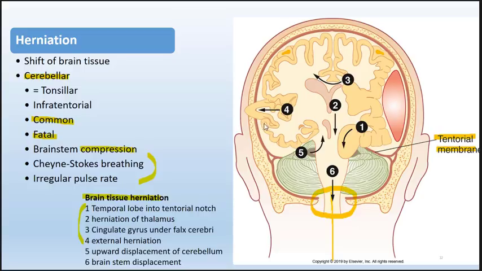Now, the exception would be if there's a crack in the skull where part of the brain tissue can actually herniate outwards. But in any other example, it's going to be increasing pressure in the area that it herniates into. And so the herniating tissue's blood supply is going to be compromised, and it's going to cause ischemia and hypoxia to that herniated tissue, which can lead to an infarct.